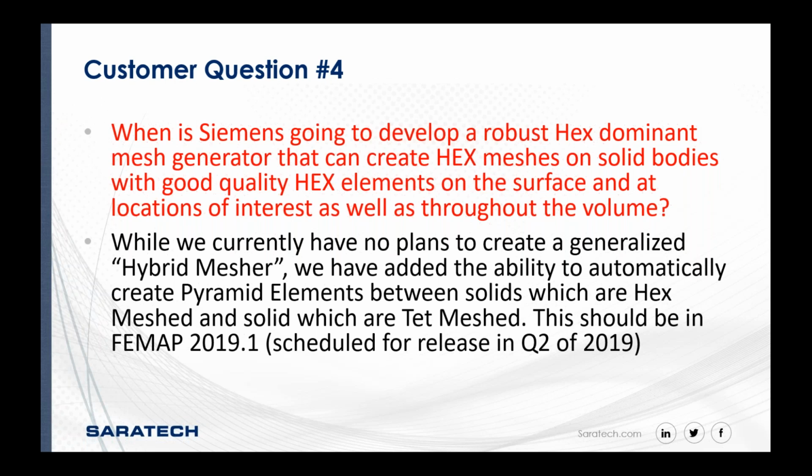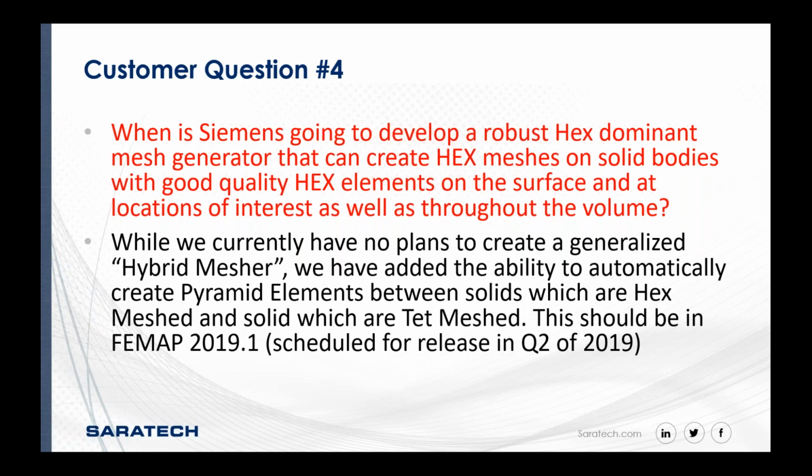Well, as of right now, we currently have no plans to create a generalized hybrid mesher. But what we did do for version 2019.1 was add the ability to automatically create pyramid elements between solids which are hex meshed and solids which are tet meshed.